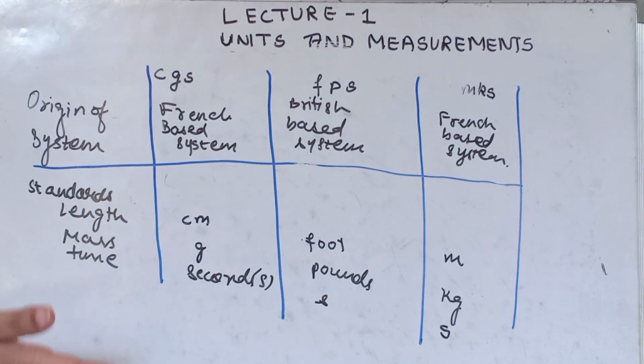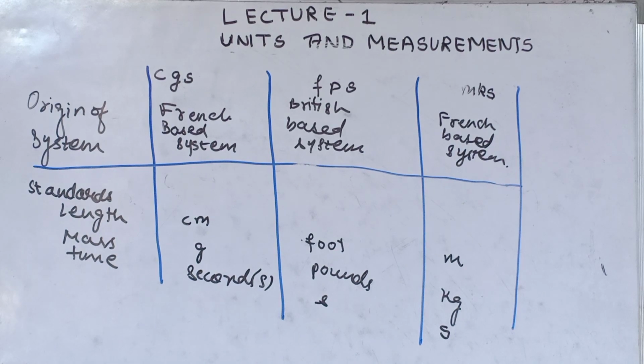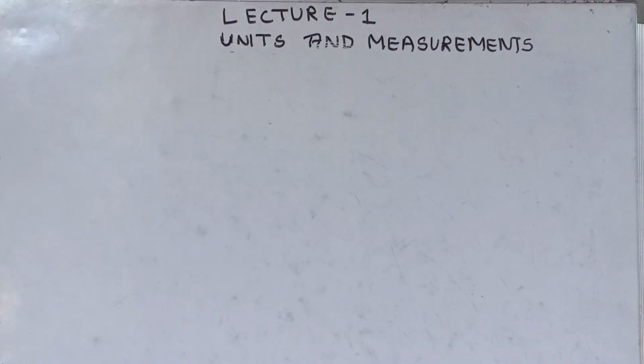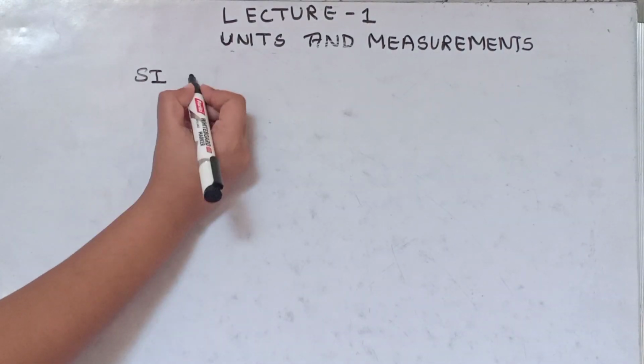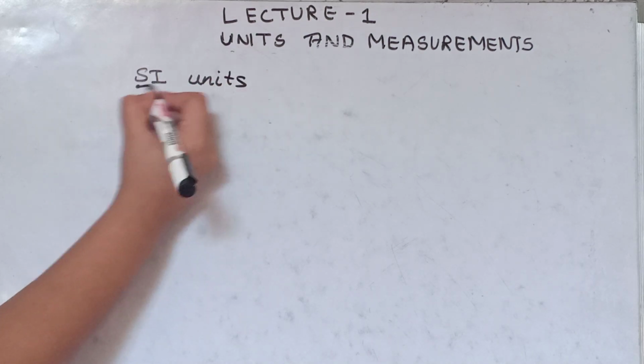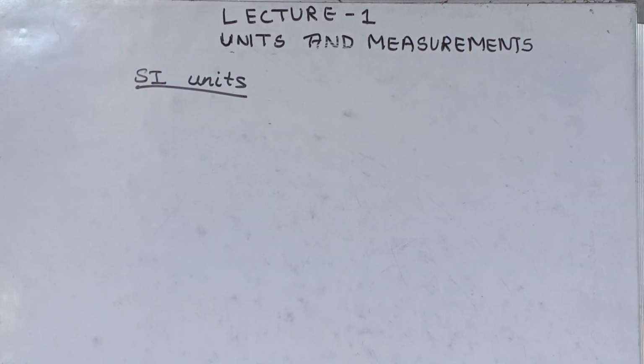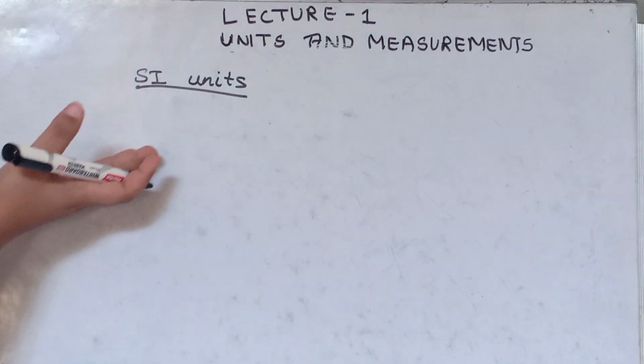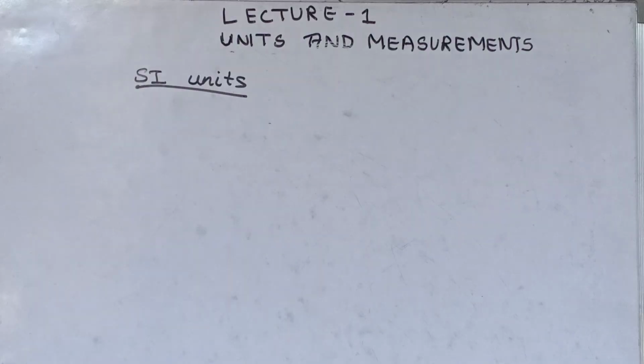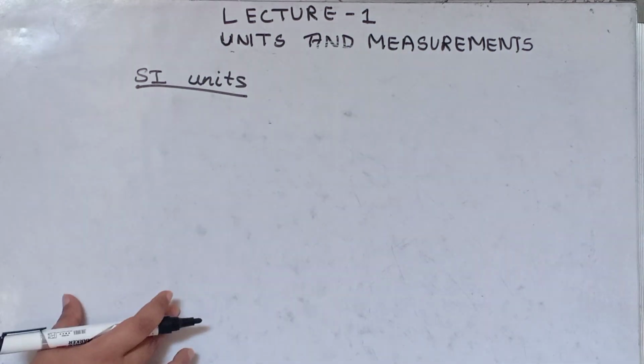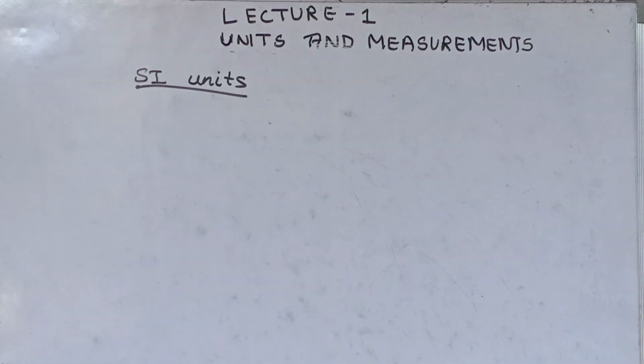So now we'll proceed to SI units in detail. In France it is called Système Internationale, but right now we know it as the International System of Units. Firstly I'll write the 7 quantities, then the standards provided for them, and then the 2 supplementary quantities.